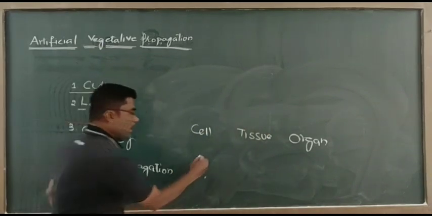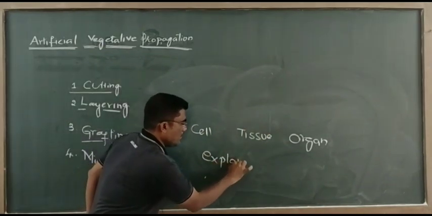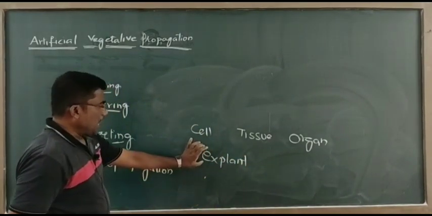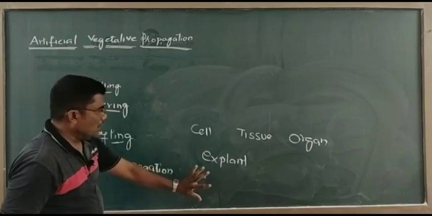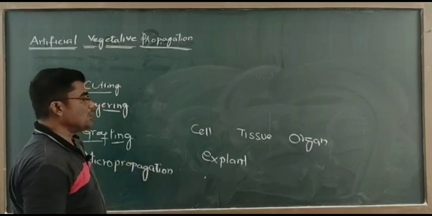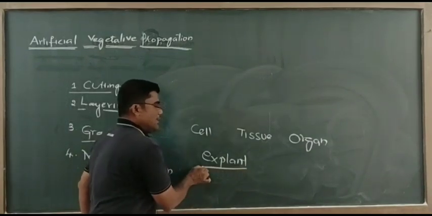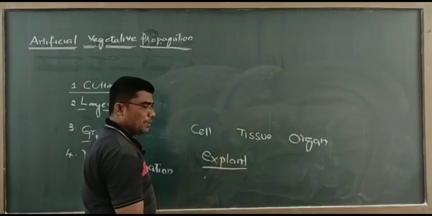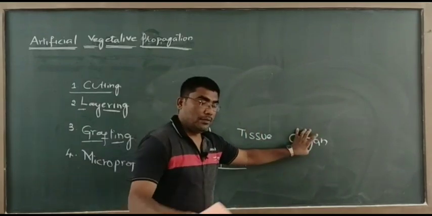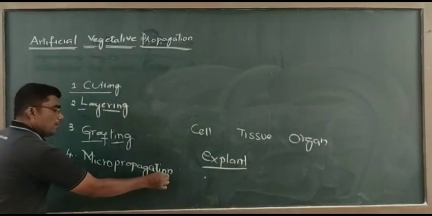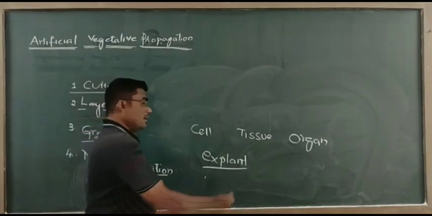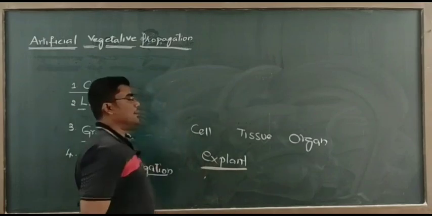What is an explant? The plant part which is isolated and used for micropropagation or the plant tissue culture technique is called an explant. An explant is an isolated cell, tissue or organ which is used to perform micropropagation or plant tissue culture.